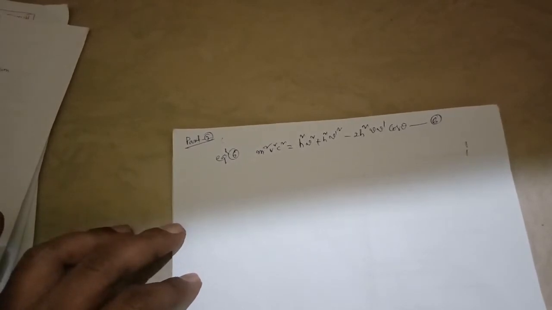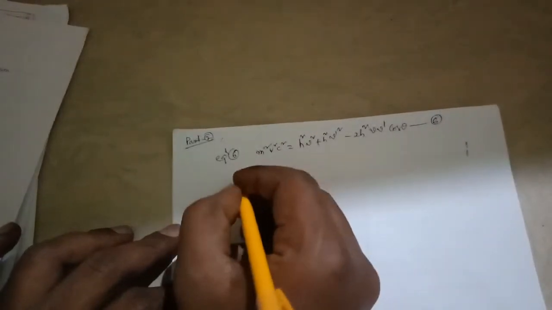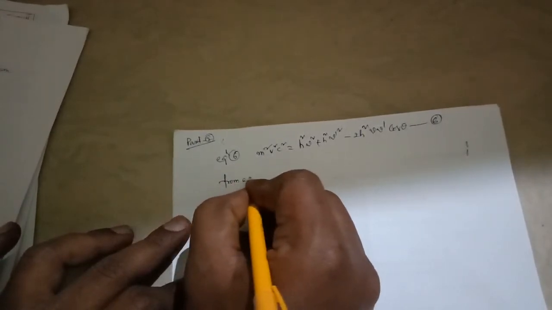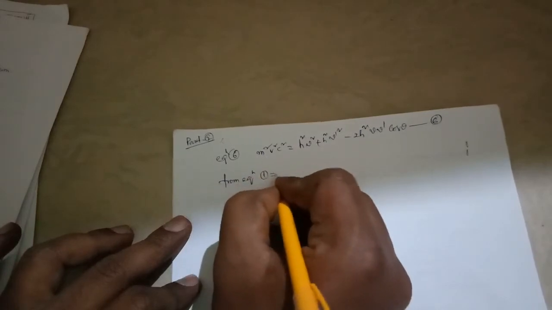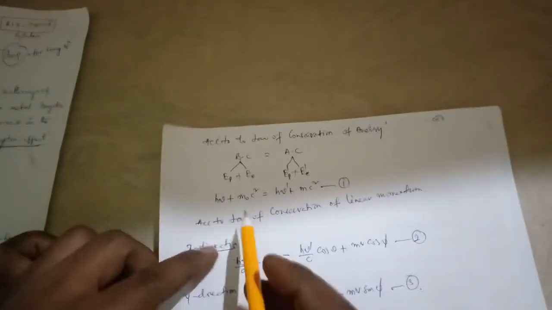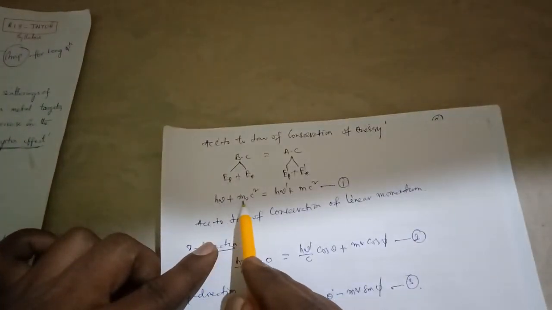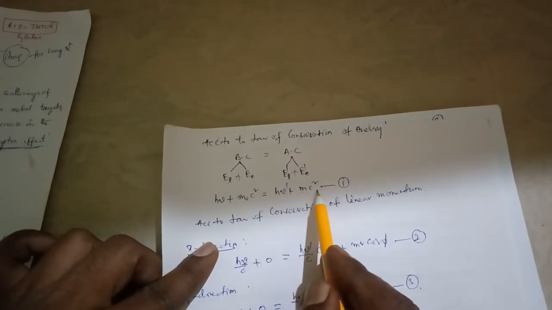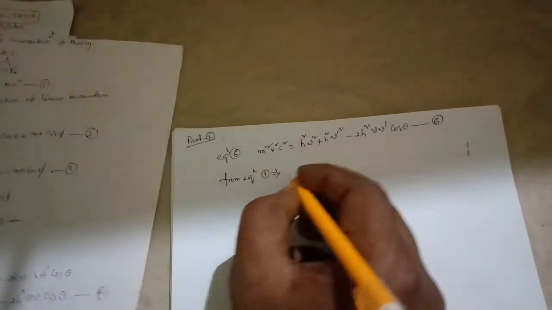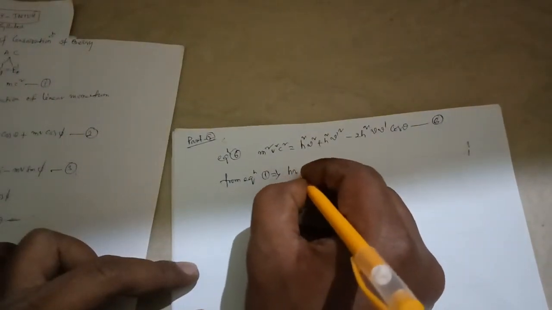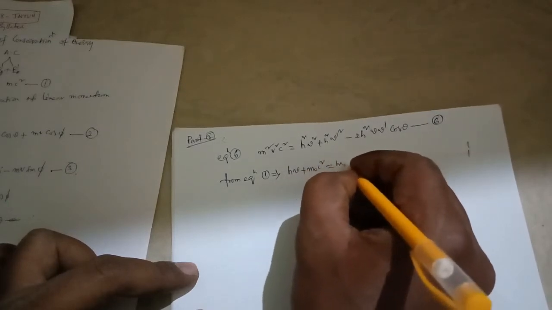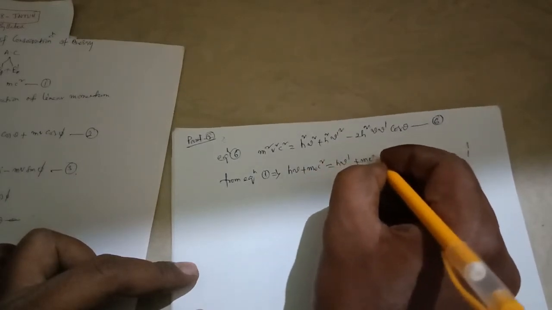Now, from equation 1, what is equation 1? It is h mu plus m naught c square equal to h mu dash plus m c square.